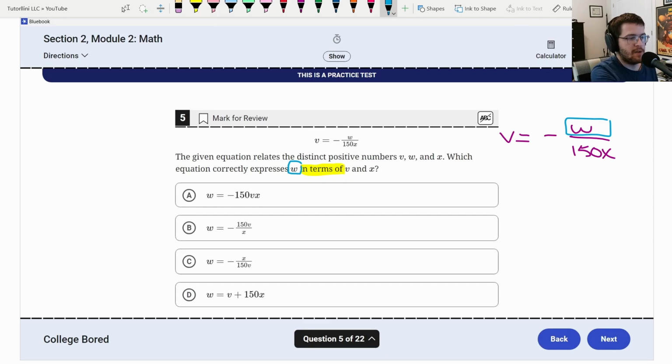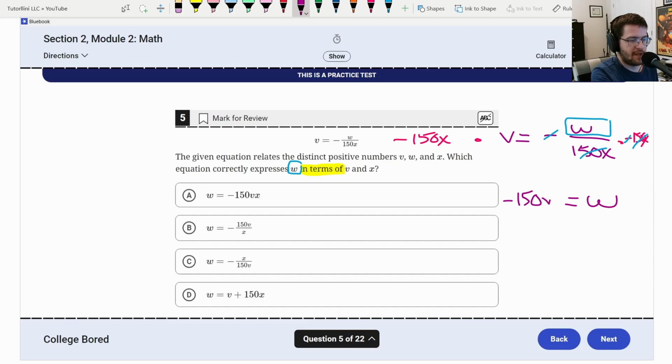I'm going to multiply both sides by negative 150x. And you will see that, oh wait, this guy goes away, and then negative times a negative is a positive. So these guys go away, and we're just left with W. And then on the other side, we're left with negative 150xv. It's pretty common to put the variables in a term in alphabetical order.